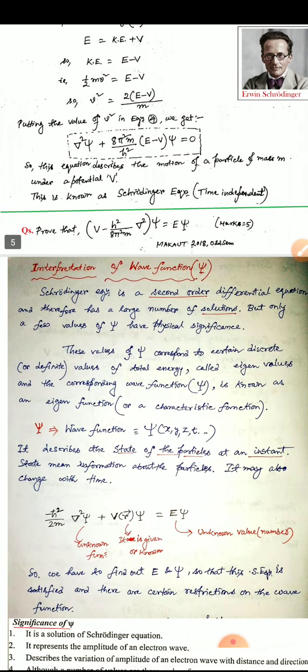Now, that is the importance, that is the interpretation of the wave function. Here, if we see the Schrödinger equation, we very simply see that it is a second order differential equation.